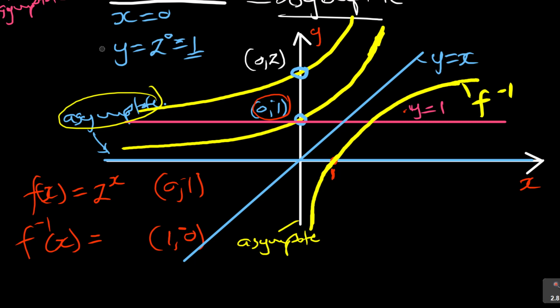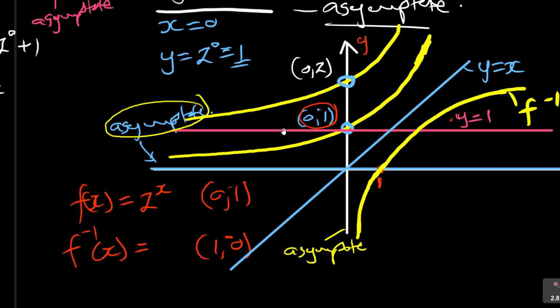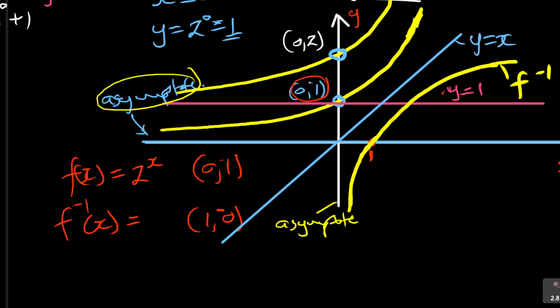Right, now if it was the one where we draw the graph of y is equal to 2 to the exponent x plus 1, let me write it again. We called it y is equal to 2 to the exponent x plus 1. Now if I'm to draw the inverse of this second one, look at what happens. It doesn't change. y is equal to x is always the line of symmetry. Now because it's plus 1, look at this. My asymptote, we come here and say there is a new asymptote here.